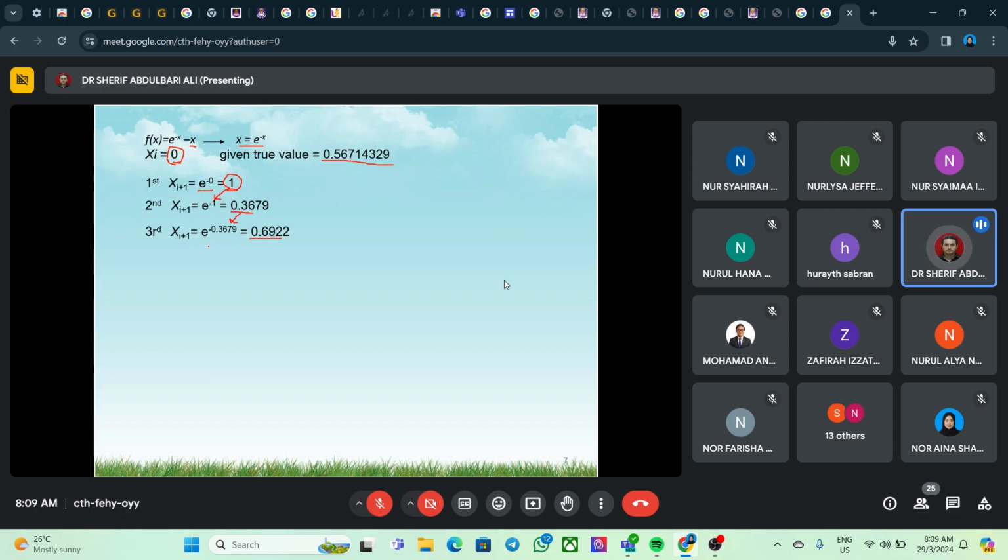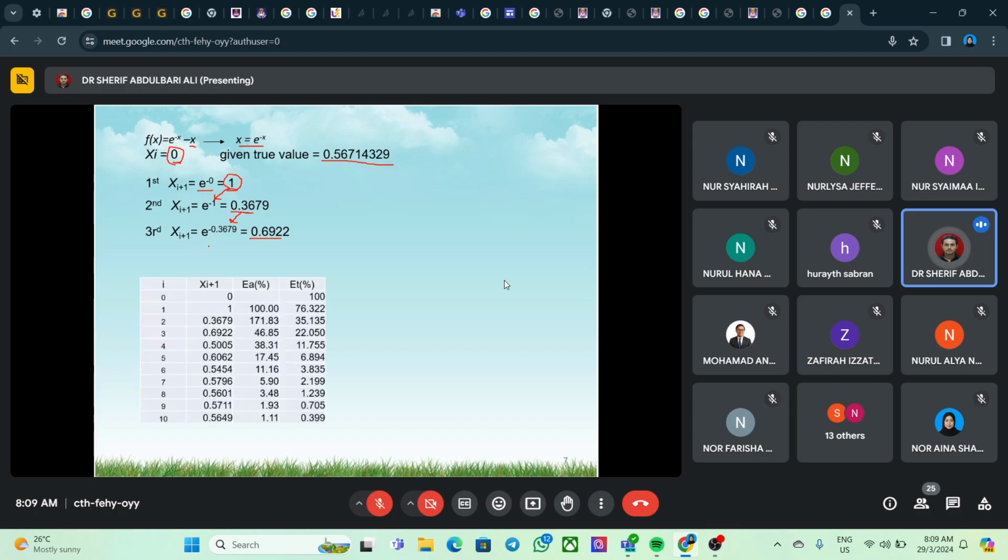So you keep doing so until you reach some tolerance error value, or you find no changes, or you find the value. Like in my case here, this is the approximate error, and this is the relative error. Relative error because I have the true value. Approximate error means the new result minus the old one over the new result. So you can see the iterations from here till down there.